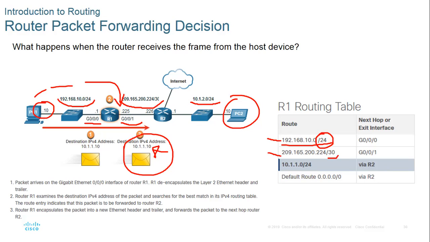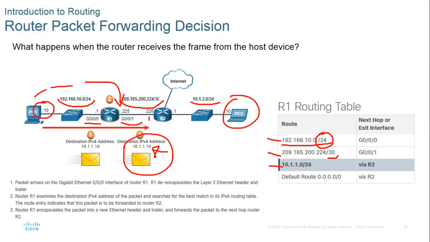Here 10.1.1, here is 209, etc. So it will pass to the last IP network address. It is having a matching, okay? So it knows that it has to forward this IP packet to router R2 through its interface gigabit 0/0/1.